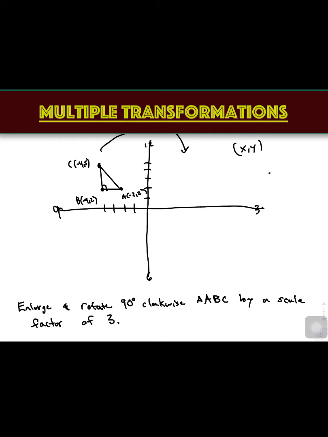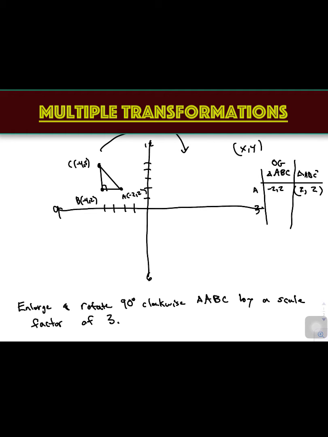So let's create a quick table here. We have triangle ABC, the original, and now we have our rotated triangle. So for point A, for example, it was at -2, 2, so we need to flip x and y, and then make sure that they're both positive since we're in quadrant 1.